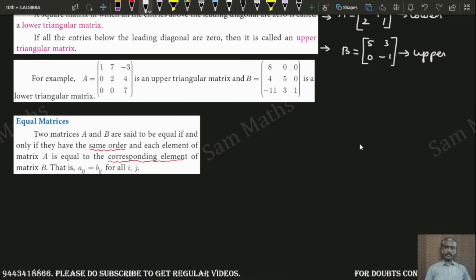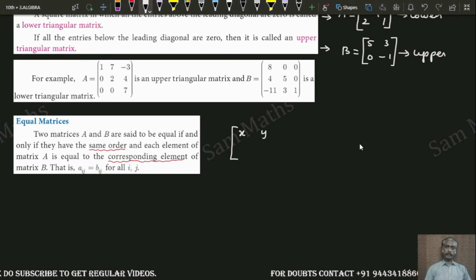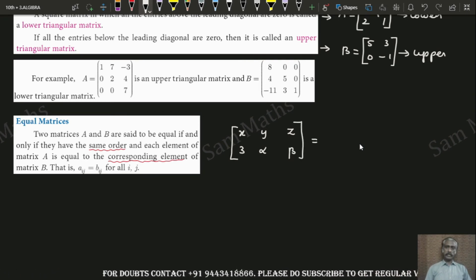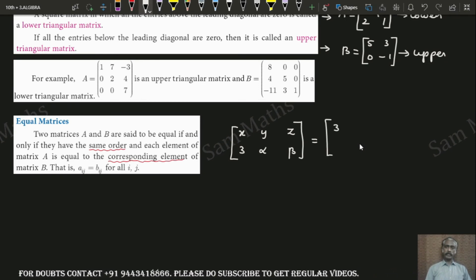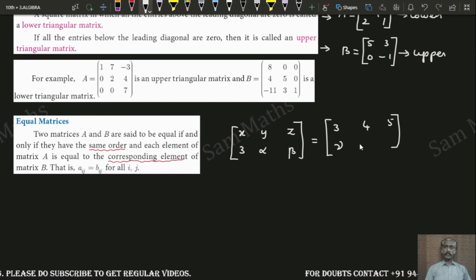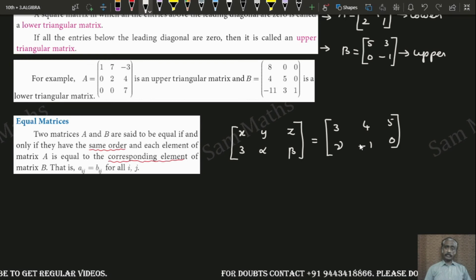Here I am giving one example. If one matrix x, y, z, 3, alpha, beta is equal to 3, 4, 5, gamma, minus 1, 0, here it's of the same order.